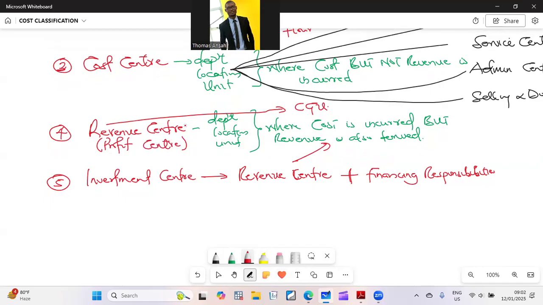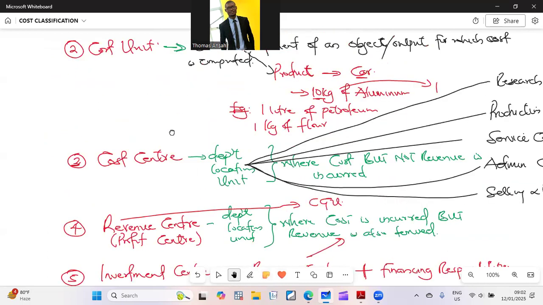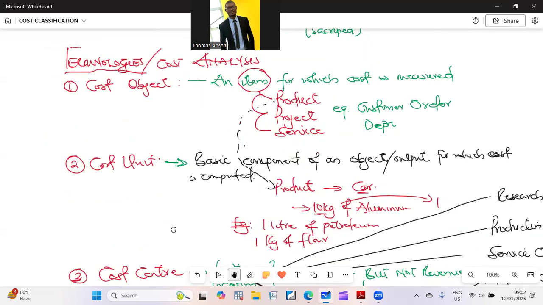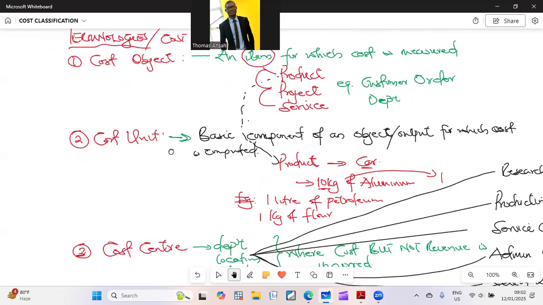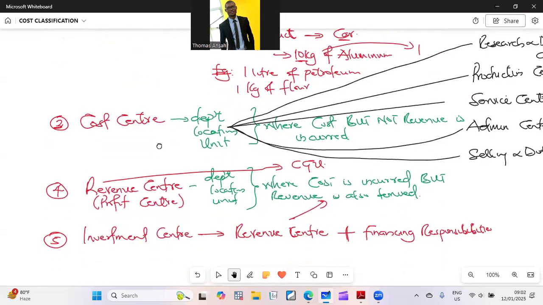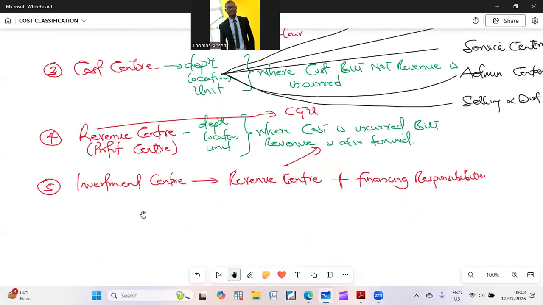Then you have the investment centers. So how many did we have? Cost object is 1, cost unit 2, cost center 3, revenue center, and the investment center. So basically that is that.